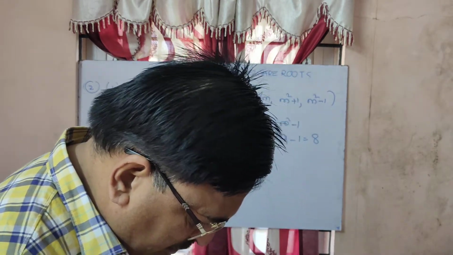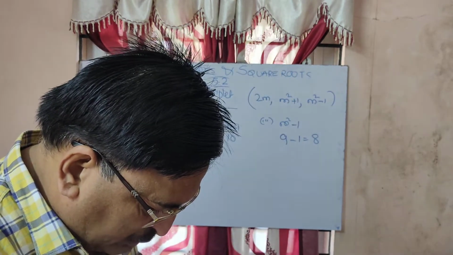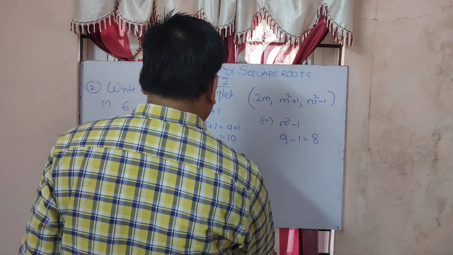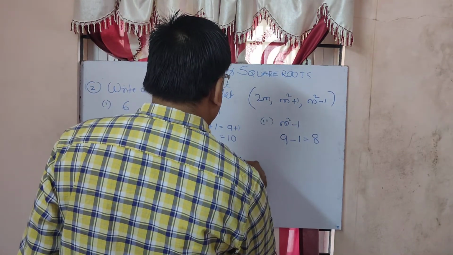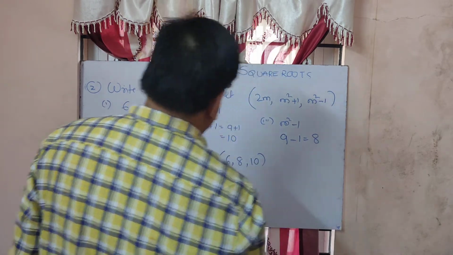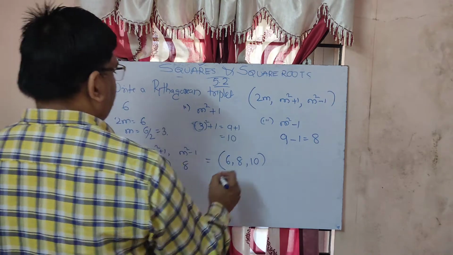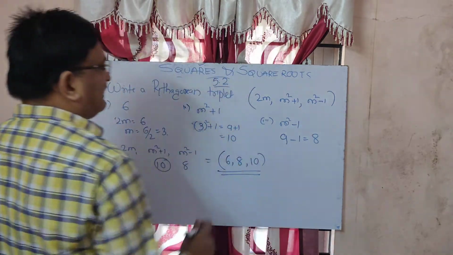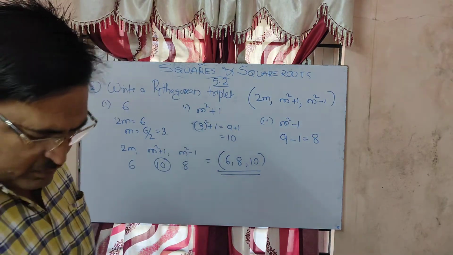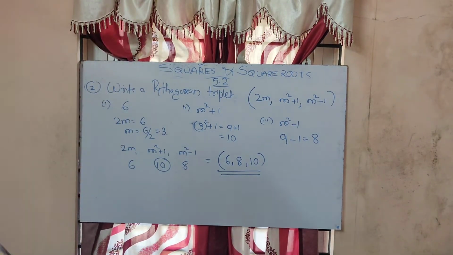What you have to write is a Pythagorean triplet whose one number is 6. Therefore the triplet is 6, 8 and 10. So these are the three Pythagorean triplets. You have to write like this. This is one way, the first example. Now let us do the second example.